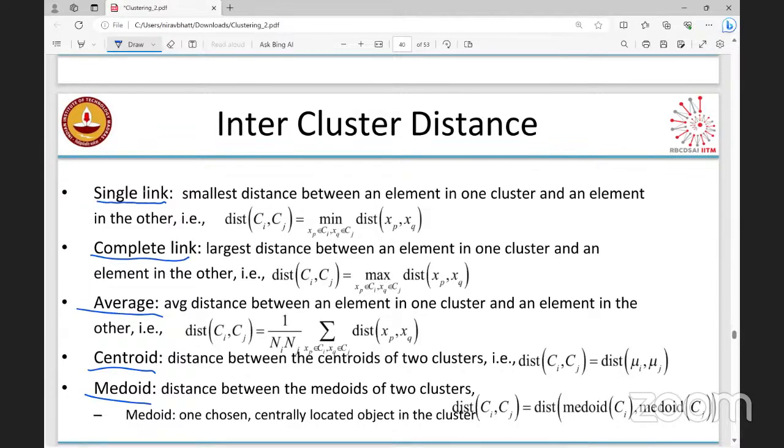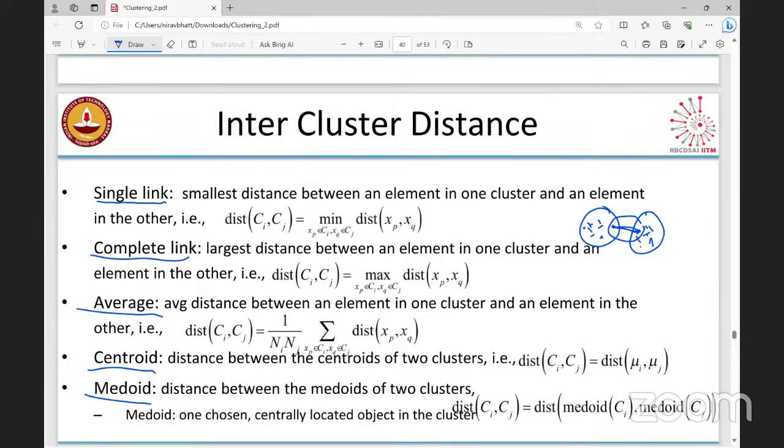Single link basically looks at the smallest distance between an element in one cluster and an element in another cluster. So these are sets of clusters, these are sets of points, and the single link looks at this distance. The complete link looks at a different one.